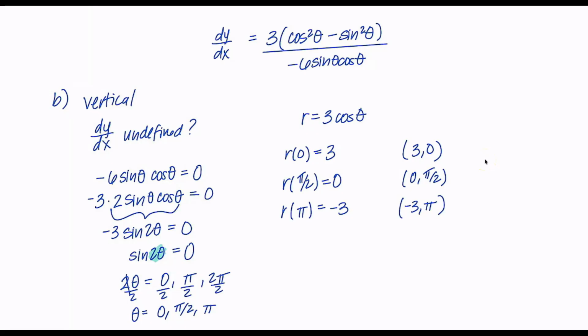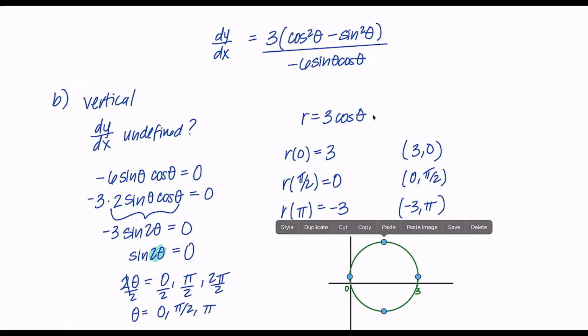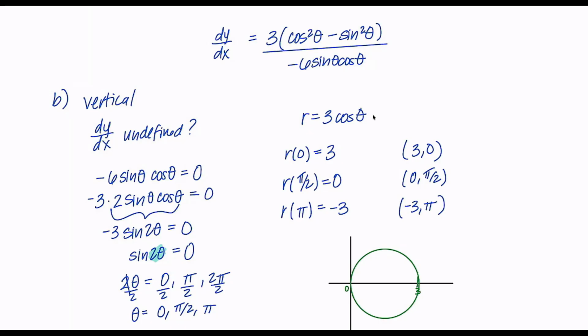So now let's take a quick moment to graph the polar graph of 3 cosine theta. So 3 cosine theta is going to graph a circle, and that circle is going to have a diameter of 3, and it's going to be shifted over to the right along the x-axis.